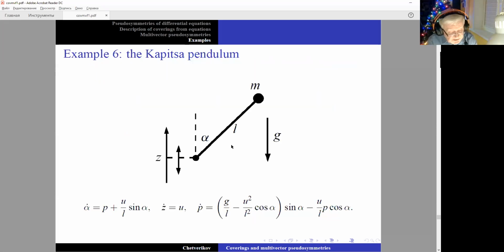Finally, let's consider the Kapitsa pendulum, the system with one independent variable t.